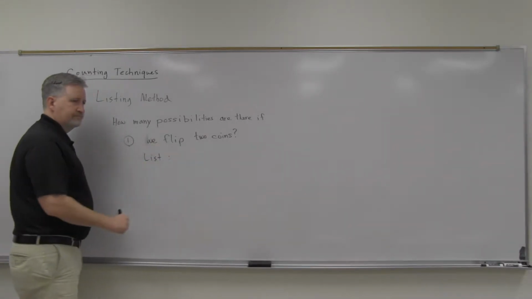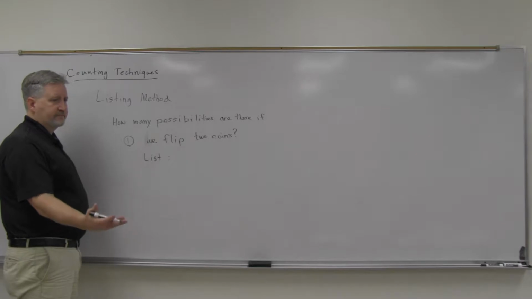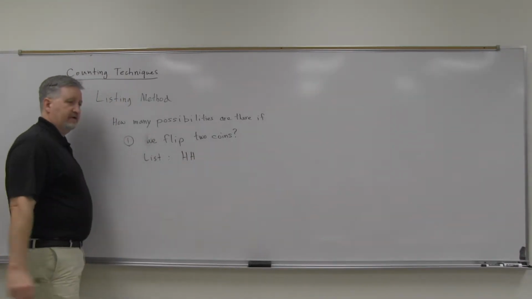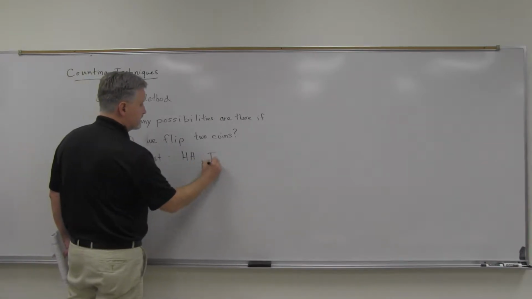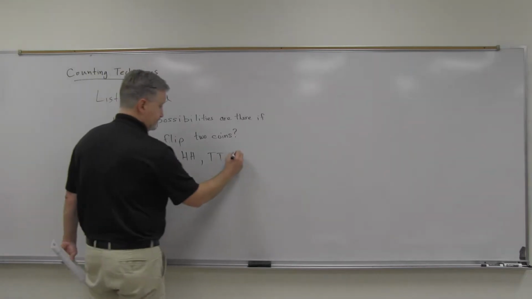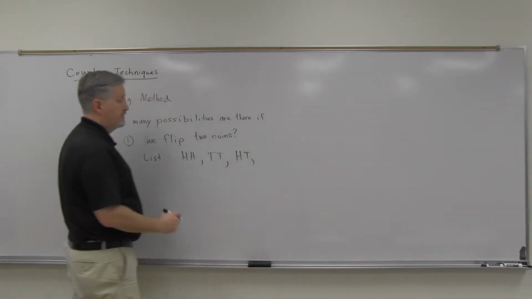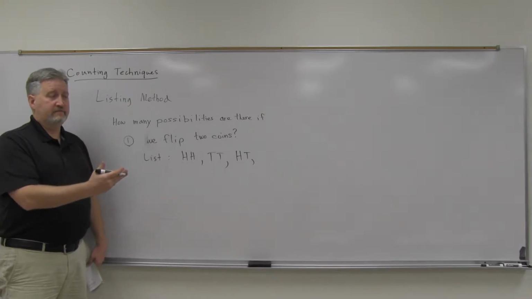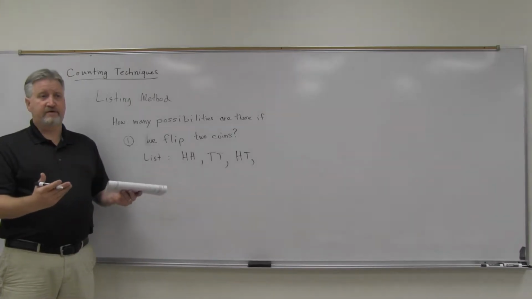We flip two coins, we could have them both come up heads, we could have them both come up tails, or we could have one heads, one tails. Now, when we list them out like this, there is a distinction being made between the coins.